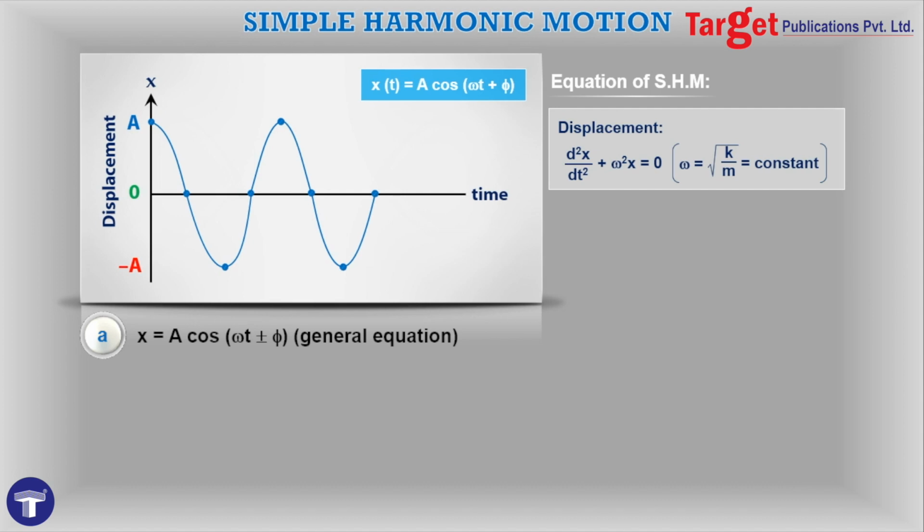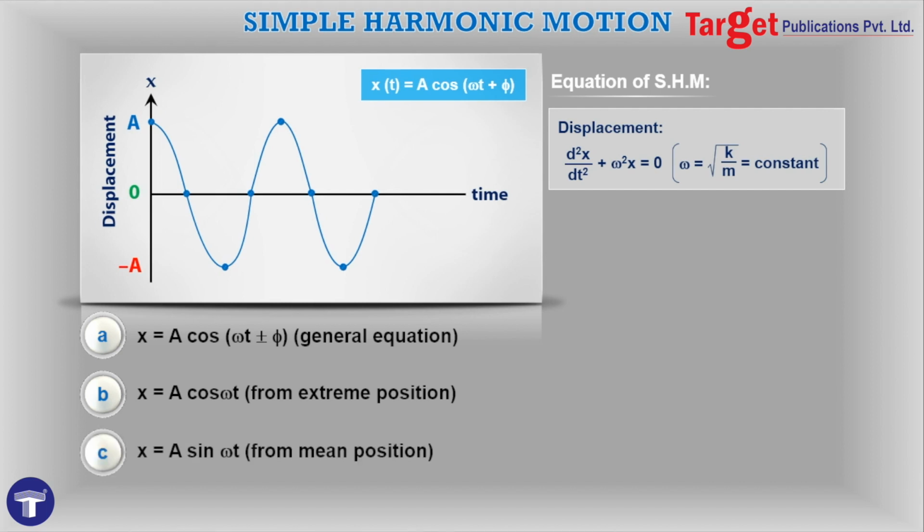The general equation for this displacement x is A cos(ωt ± φ). Now naturally, the next question is what exactly is this φ? We will see this in just a few minutes. If the particle begins from an extreme position, then this equation will change to x = A cos ωt, which means that φ will have a value of 0.